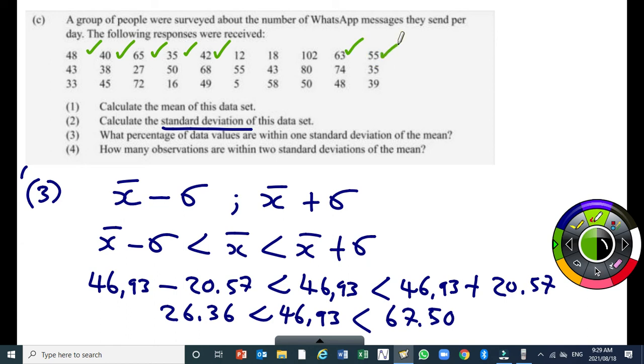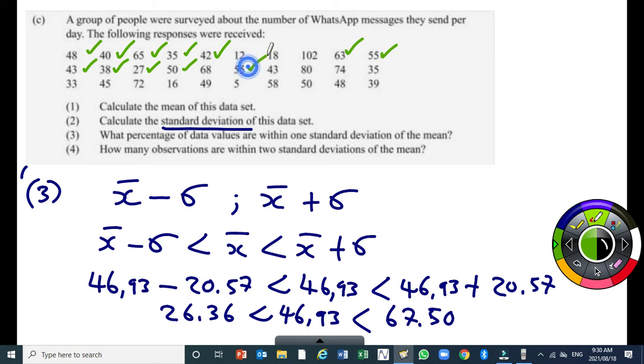Are you following what I'm doing? Yes, sir. It's common sense. I want values in this data set that are between 26 and 67. So I need to count those values. There's 43, 38, 27. 43 is between 26 and 67. Then 50, 68, well, let's not take the 68, because here we are doing the number of lines.